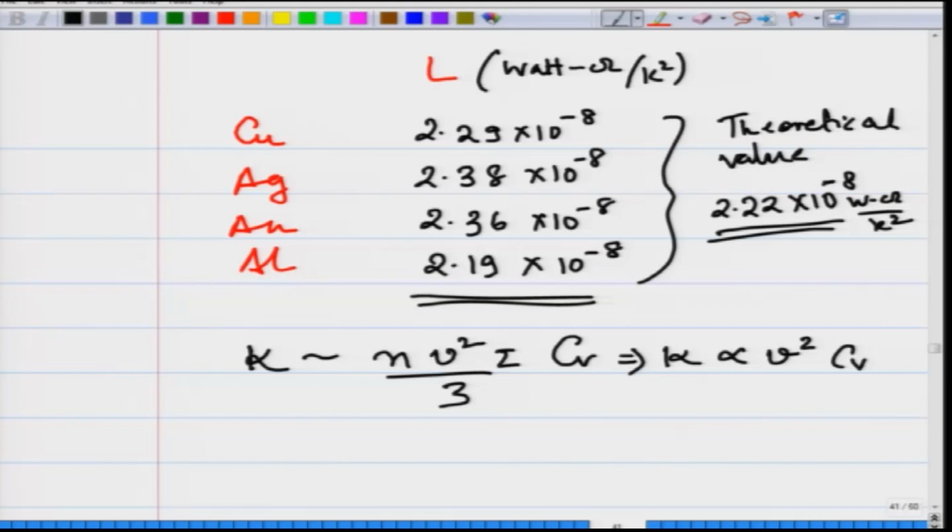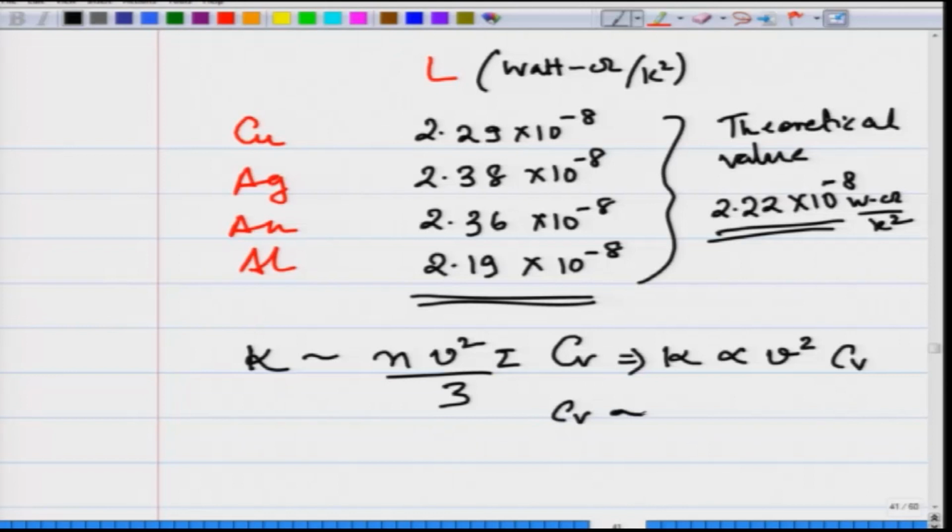And in the kinetic theory, as I said, you consider that the electrons are completely free, which is one of the problems of Drude's theory, and because of that we used a specific heat of 3/2 kB per electron.